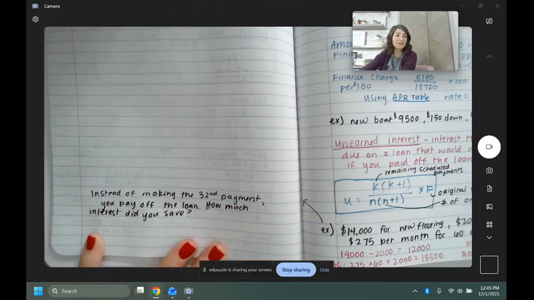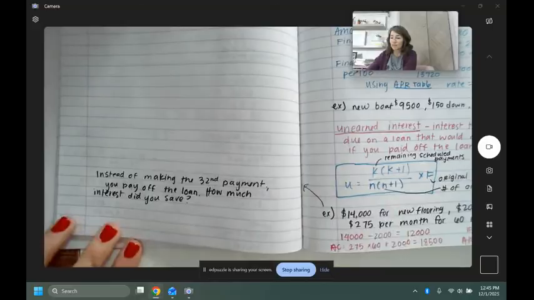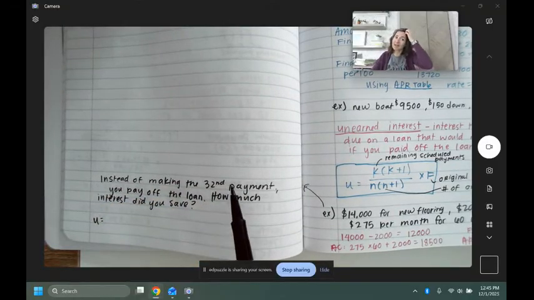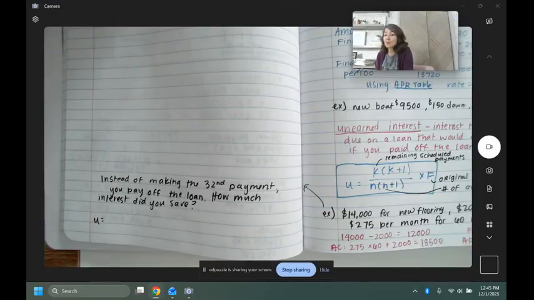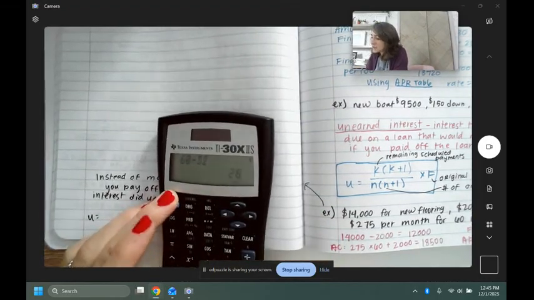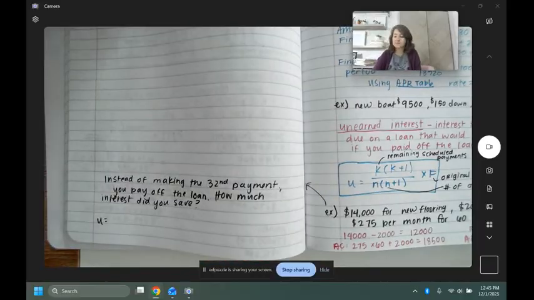All right, let's take a look. I'm going to calculate with that new U formula. If it is my 32nd payment, how many did I have remaining then? 60 minus 32, 28.